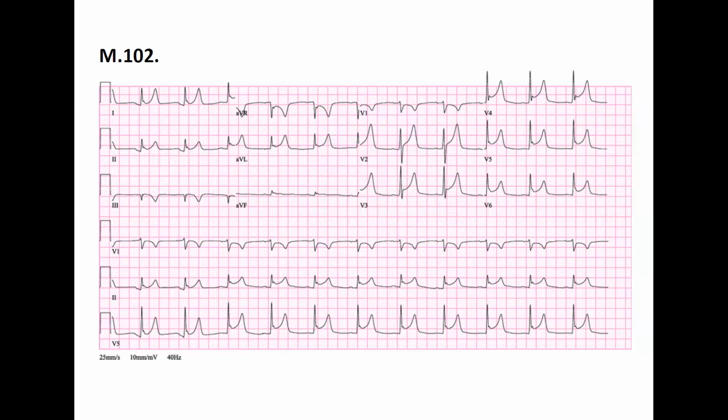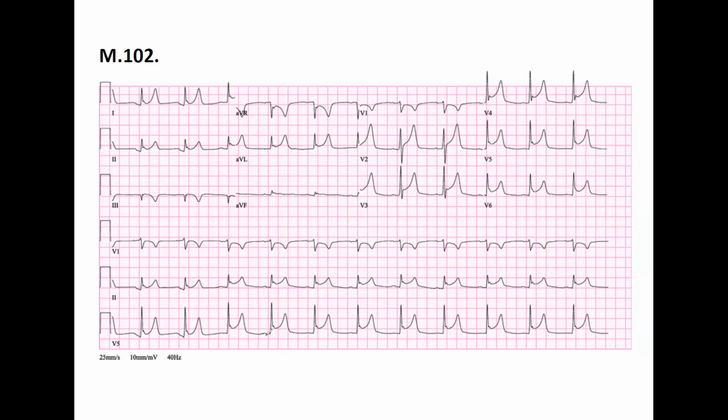Yes, so step by step. First, if I check, the rhythm is regular because the R intervals are constant. For heart rate, there are about 4.5 squares between R waves, so it's about 67 beats per minute, which is normal.